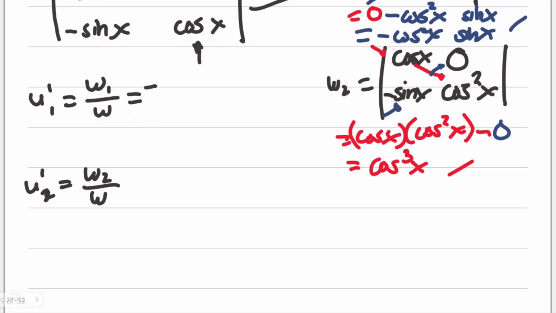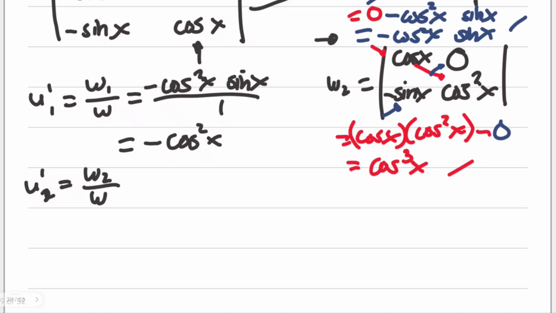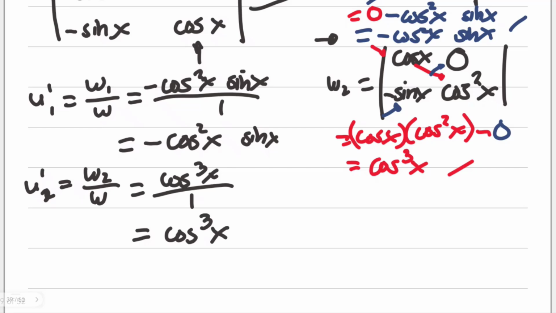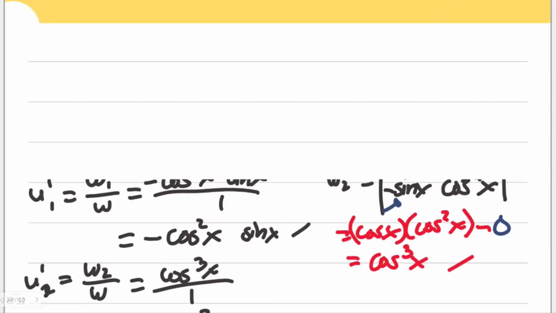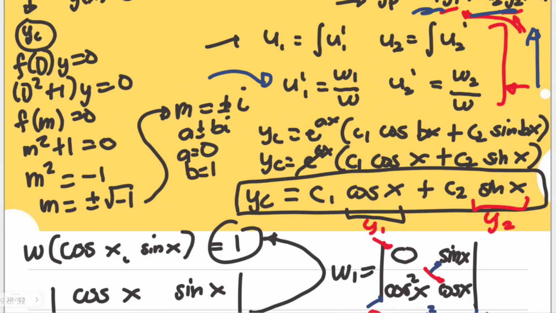So you have negative cosine squared x sine x over 1, so it's just again negative cosine squared x sine x. Then this here is just cosine cube of x over 1, or simply cosine cube of x. So we now have our U prime sub 1 and U prime sub 2. Take note, they will be used later to solve for this.